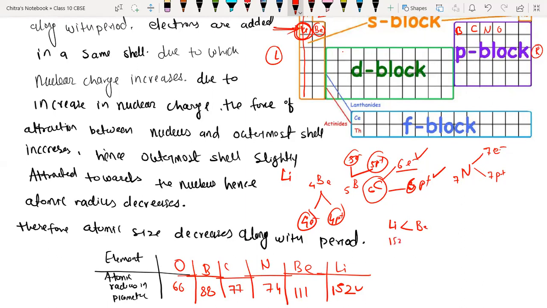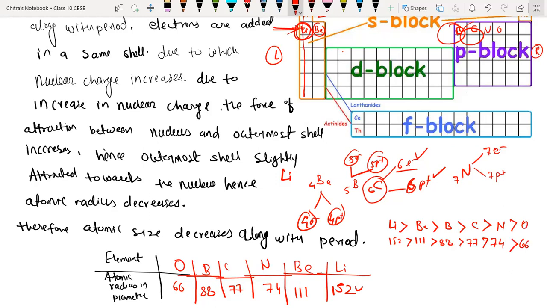Then boron, 88. Then carbon, 77. Then nitrogen, 74. Then oxygen, 66.